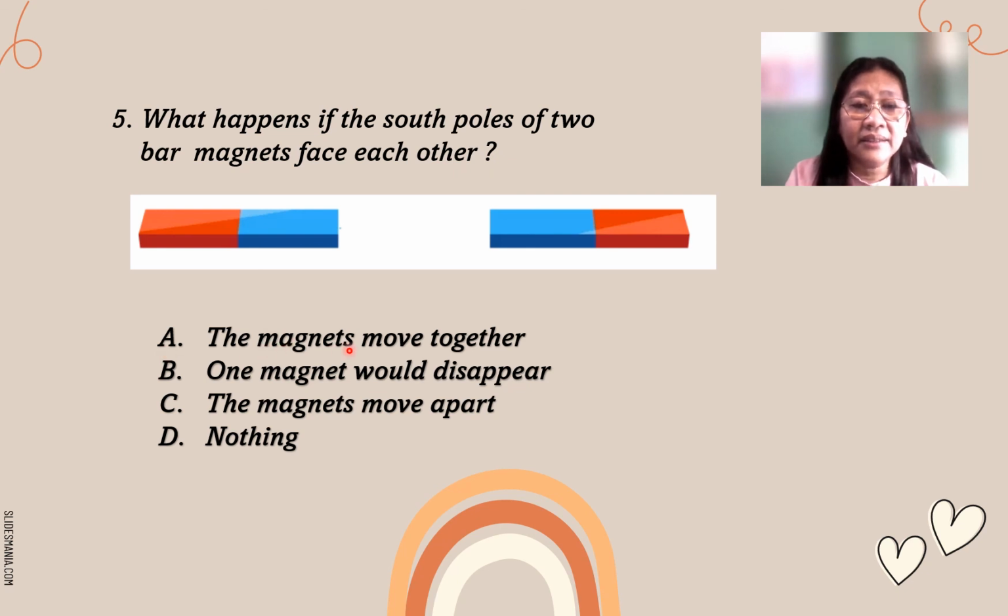A, the magnets move together. B, one magnet would disappear. C, the magnets move apart. And D, nothing will happen.